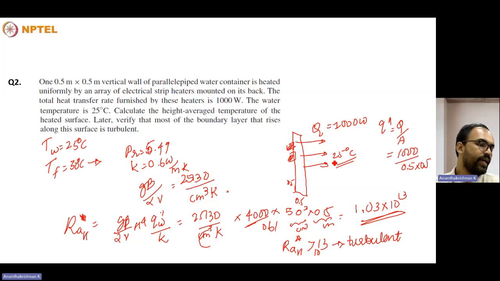Based on that, we can get the actual temperature. So we need to calculate the Nusselt number. For a vertical wall surface, neglecting the constant term, the average Nusselt number with respect to height is 0.132 into Rayleigh number raised to 1 by 3.